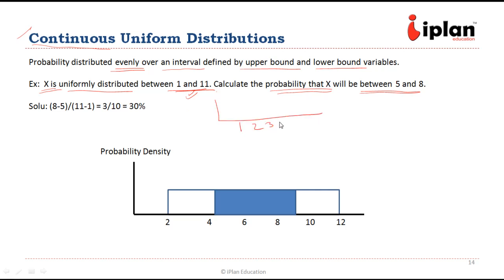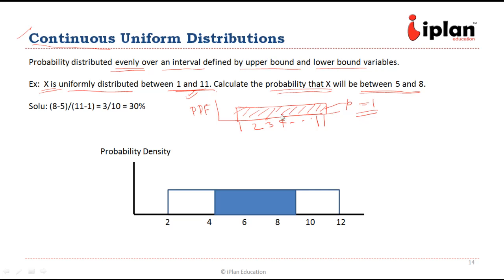Say these are the values 1 to 11. So it is uniformly distributed. So if the probability density function is on the y-axis, we know the value of density is constant. So this is the exhaustive probability value of the complete area, which is going to be 1.